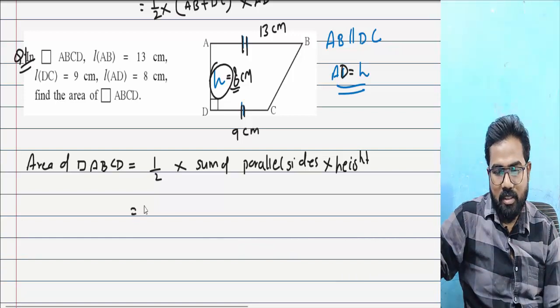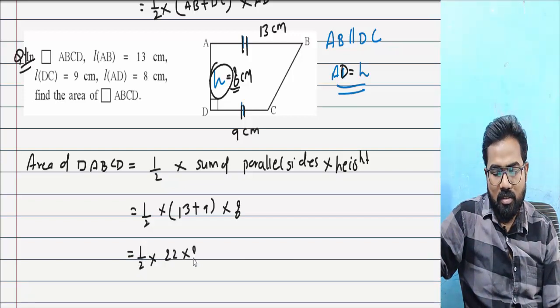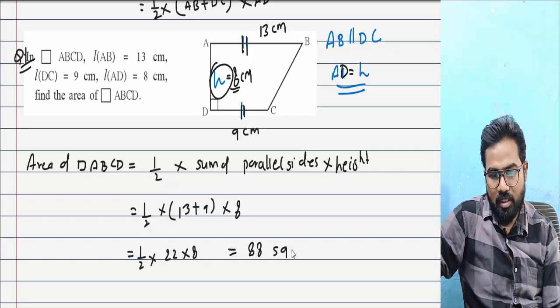Here the parallel sides are 13 and 9, so we put 1 by 2 multiplied by 13 plus 9, multiplied by the height, which is 8. Students, whatever is inside the brackets, let us first calculate that part. So this becomes 22 multiplied by 8. So you get 88 square centimeter.